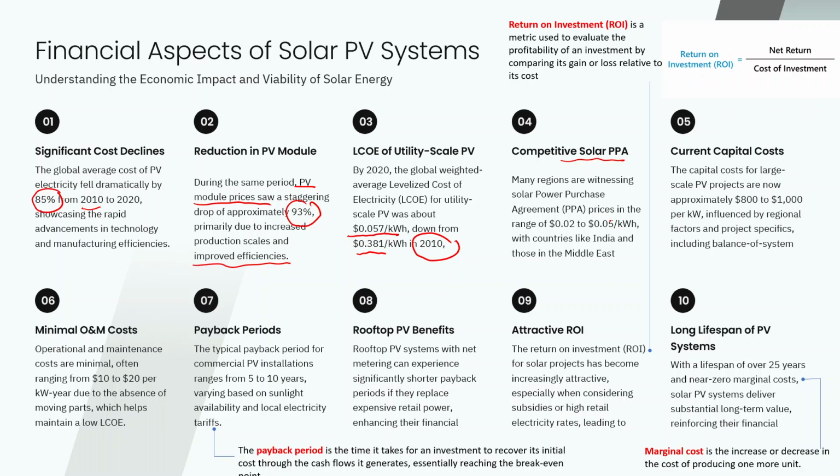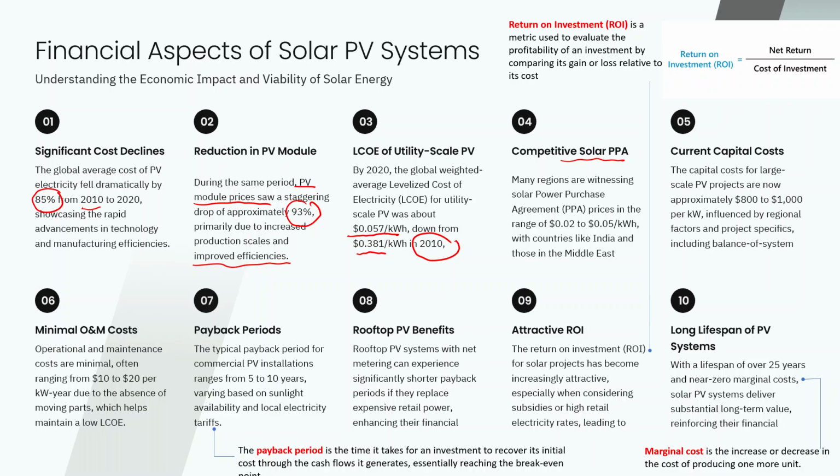So this is when you trade the solar power, or when you sell the solar power to the utility, you have these attractive prices. These prices were set up basically to motivate people to produce more and more solar energy and sell it into the grid, right.